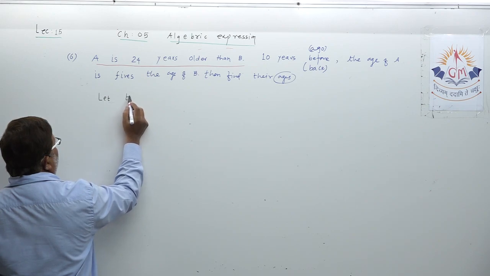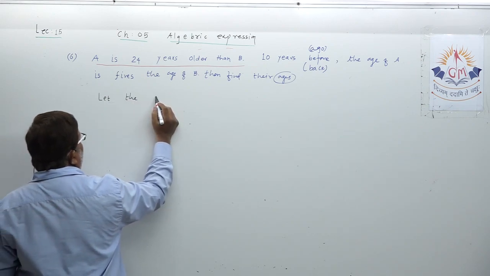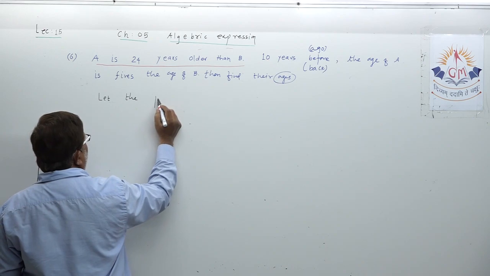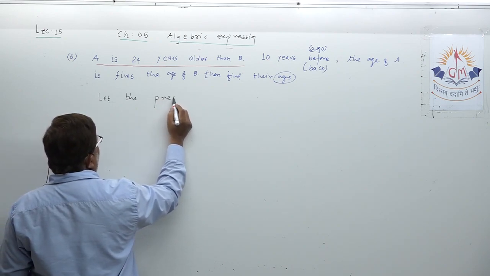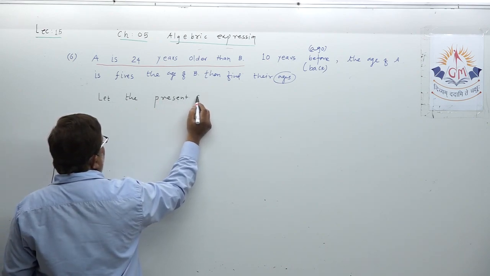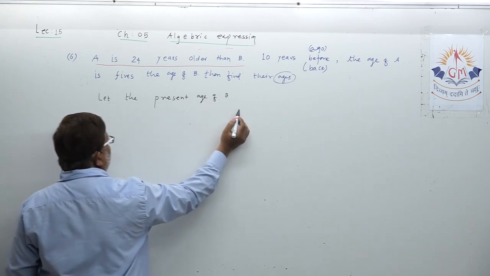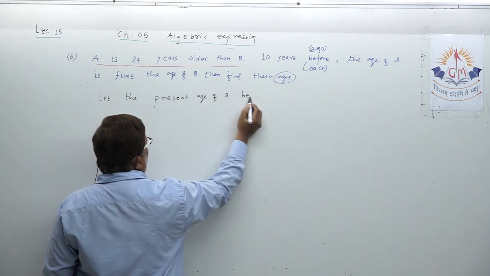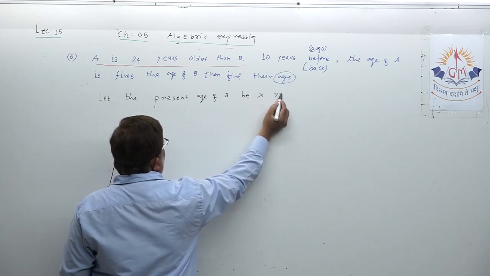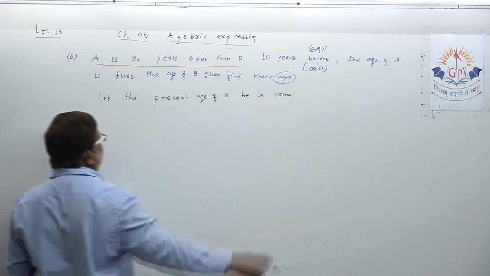Please concentrate on this sum and write down with me. Let the present age of B be x years. Please note down the first statement.